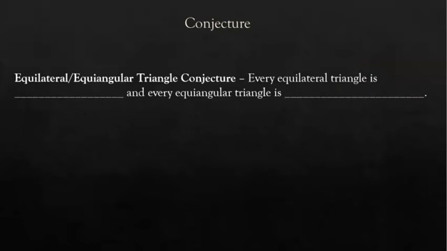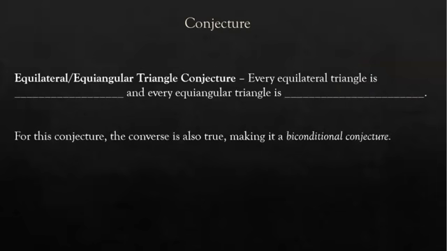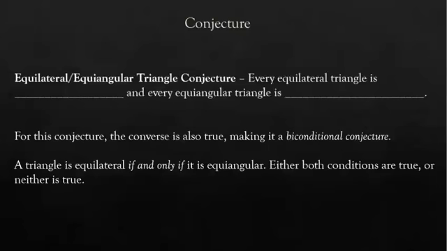So they go back and forth. For this conjecture, the converse is also true. That makes it a biconditional conjecture. That means that a triangle is equilateral if and only if it's also equiangular, and it's equiangular if and only if it's equilateral. Either both conditions are true or neither is true. So because it's biconditional, you can go back and forth. The converse and the conjecture are both true.